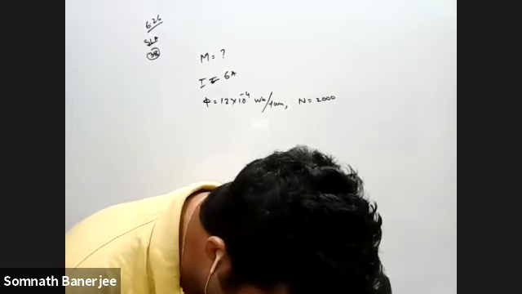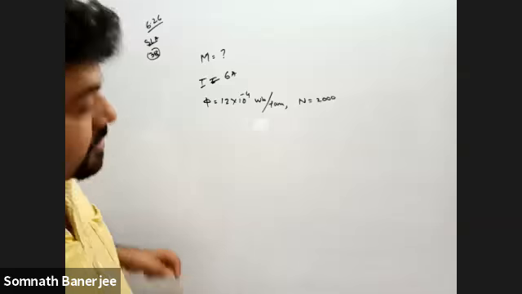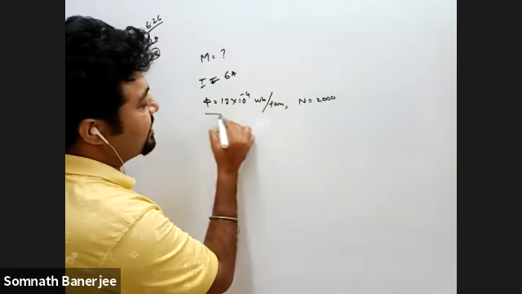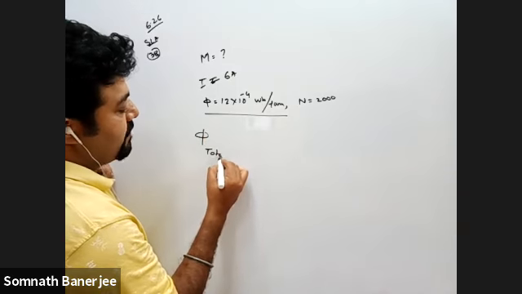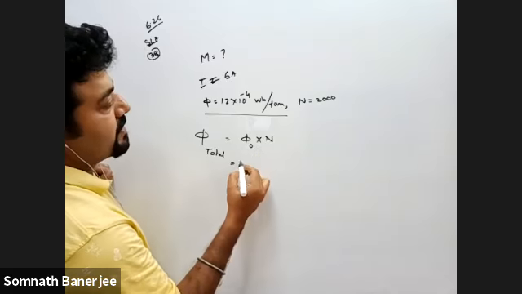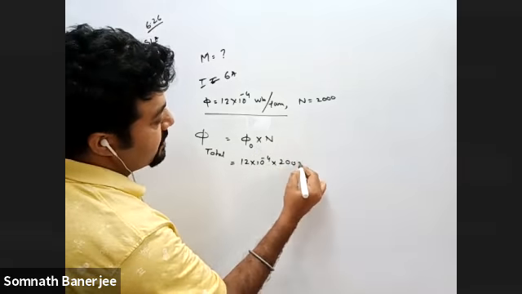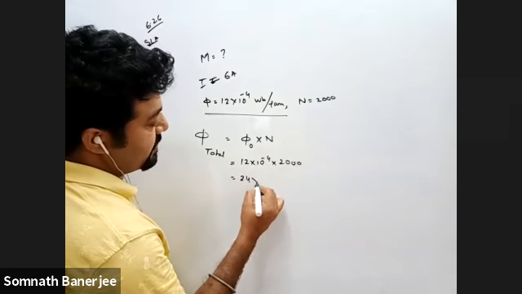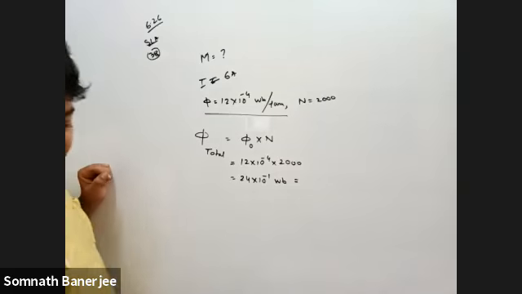So it's a very simple question. This is the flux for each turn. So what is the total flux? Total flux is flux for each turn into total number of turns, that is 12 into 10 to the power minus 4 into 2000. So 24 into 10 to the power minus 1 Weber is the total flux.